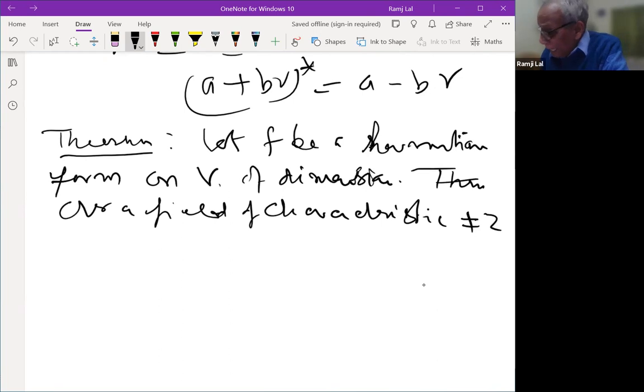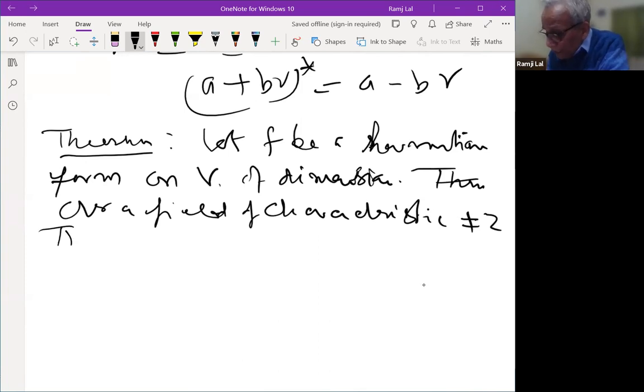So now star can be anything. If star is identity, we shall call it a symmetric bilinear form. If star is trivial, then naturally the Hermitian form is a symmetric bilinear form. Otherwise, it is of the type which you have stated over here.